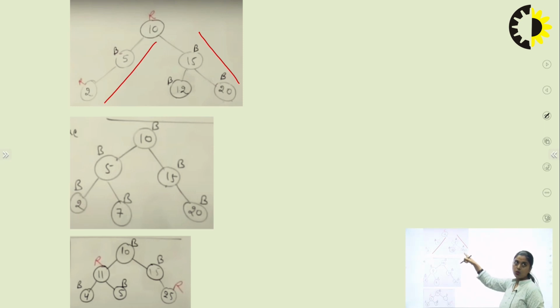Yes, if we are taking this path, the black height is 1. Here the black nodes are 2. Then the black height is not equal on both sides. And the other thing is that the root has red color, which is actually not possible. The root must be black and the black height in each path must always be equal.